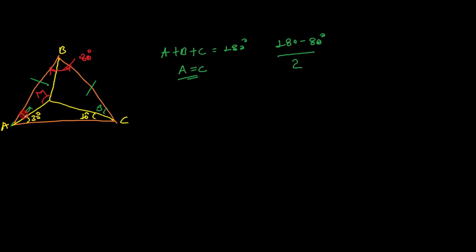If we sum up this A plus C plus B is equal to 180, and this is 80° given. So 180 minus 80 over 2, which means 100 over 2, which will be 50°. So each part A is equal to C is equal to 50°.